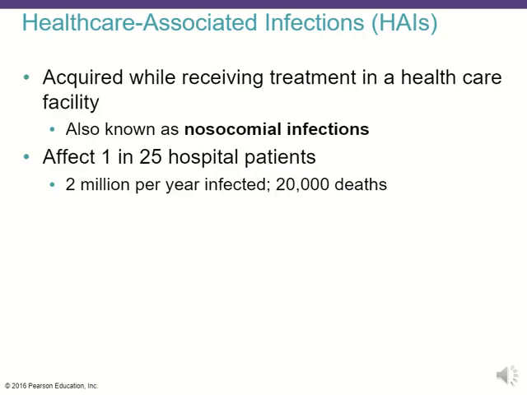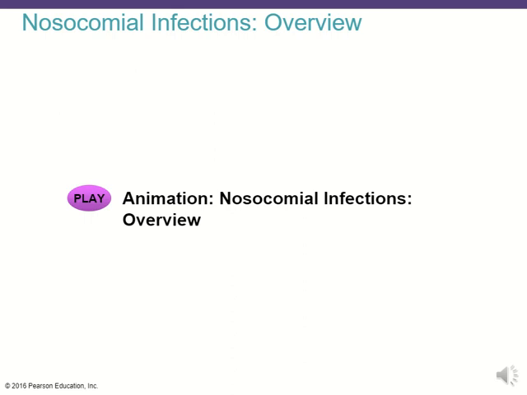Healthcare-associated infections, or HAIs, are acquired while receiving treatment in a healthcare facility, also known as nosocomial infections, and will typically affect 1 in 25 hospital patients. About 2 million people per year get infected, resulting in 20,000 deaths.